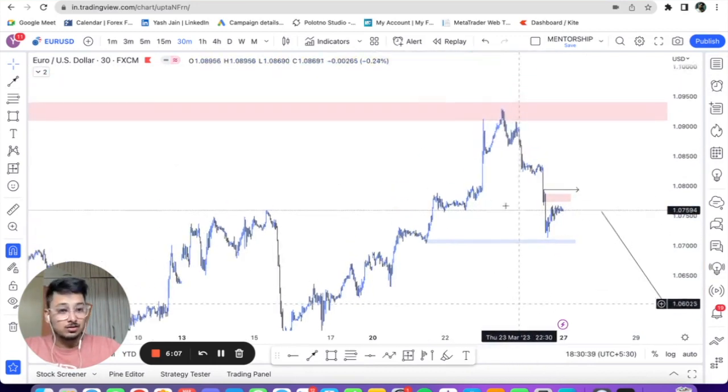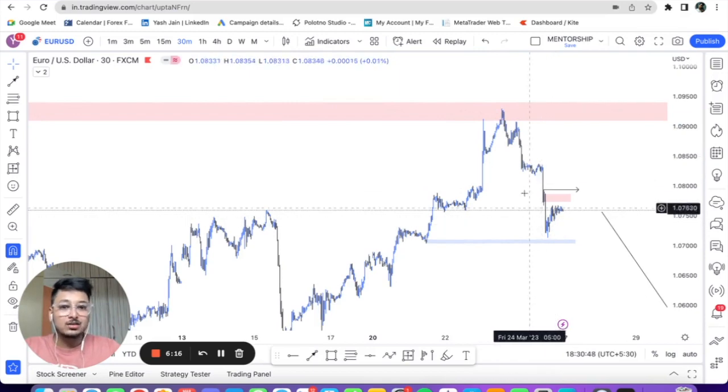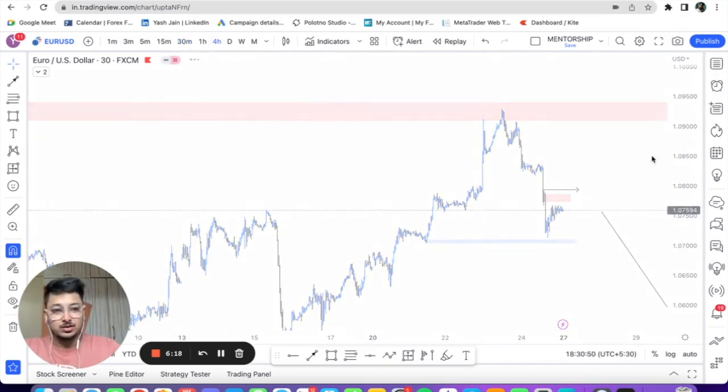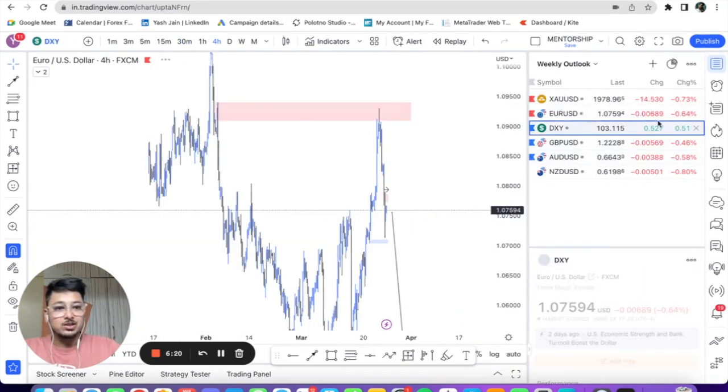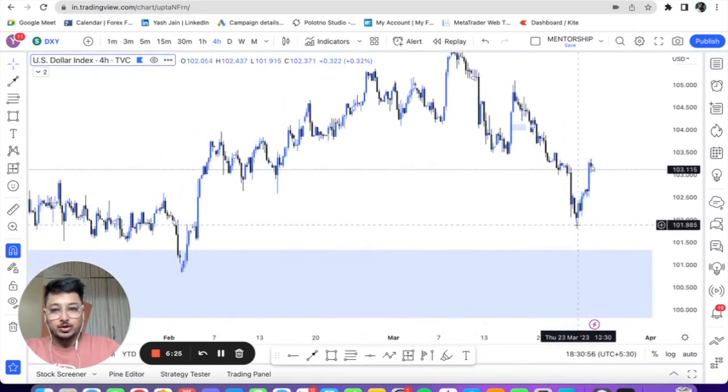And the dates that I had mentioned, that 21st of March plus minus 2 days, so 23rd March we got a top over here, swing top, and we are seeing a very good reversal in the markets. If I show you DXY, so DXY has formed a bottom over here and is trying to reverse back down.